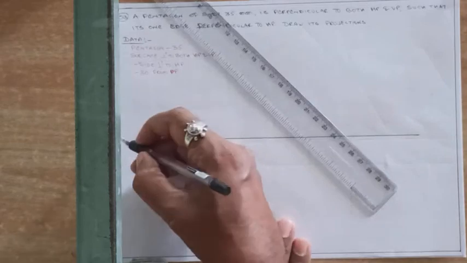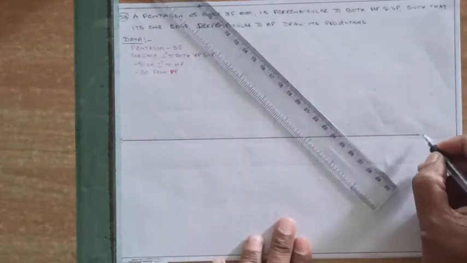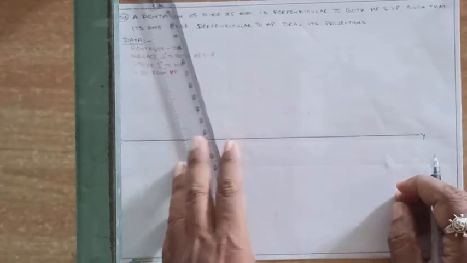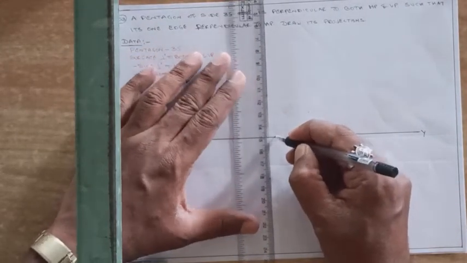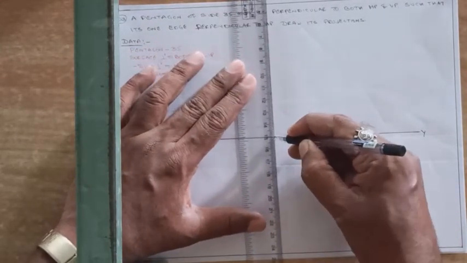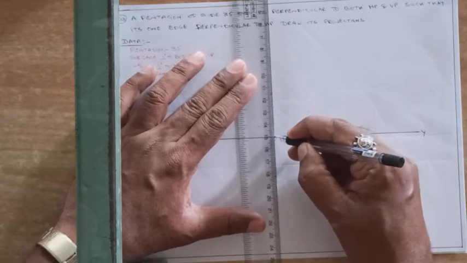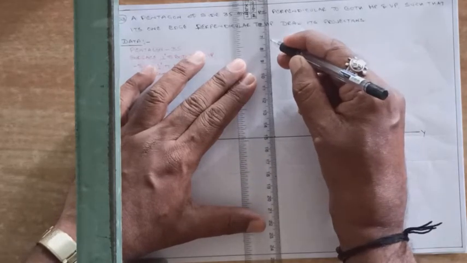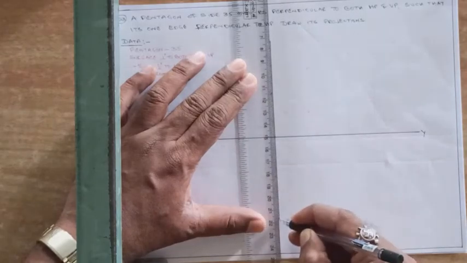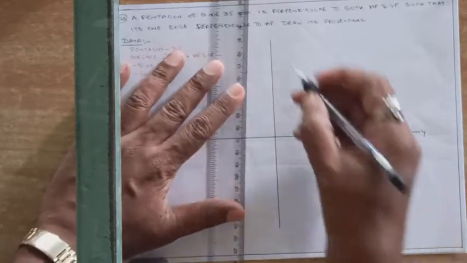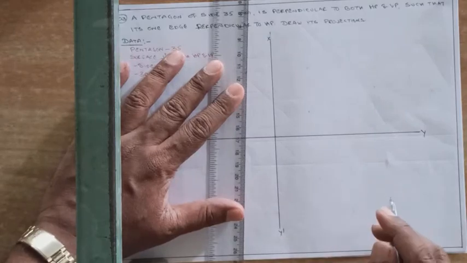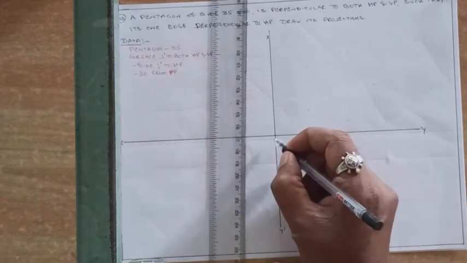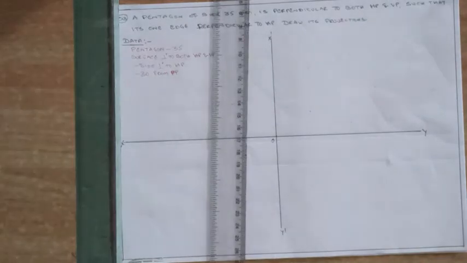Similarly x dash y dash, because the true shape is obtained in the side view. Now the intersection point is O, already you know it.